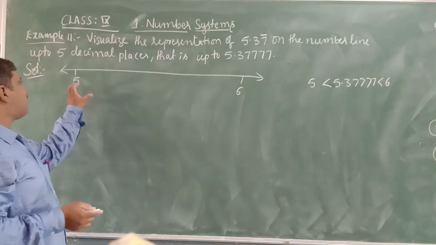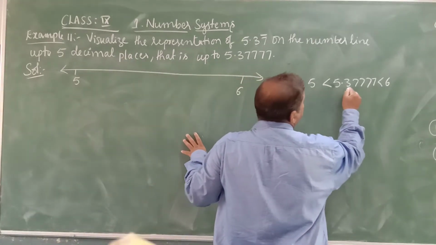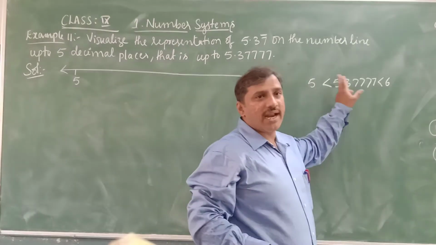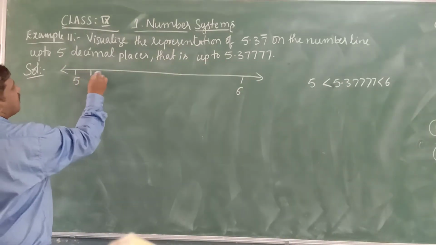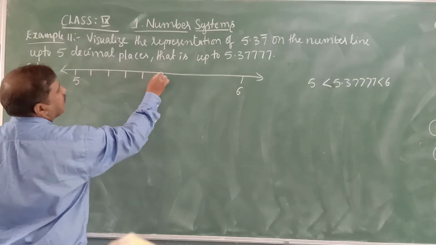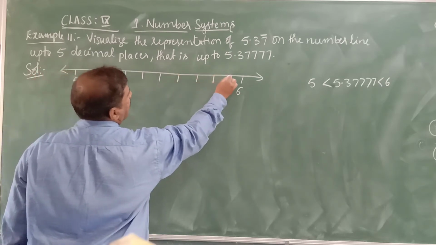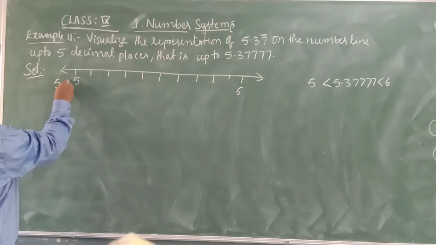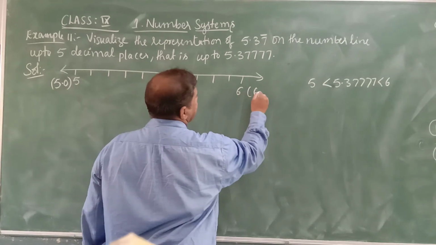Now the space between 5 and 6 is divided into 10 equal parts to locate the first digit after the decimal point, 5.3. So divide this into 10 equal parts: 1, 2, 3, 4, 5, 6, 7, 8 and 9. Here 5 is 5.0 and 6 is 6.0.